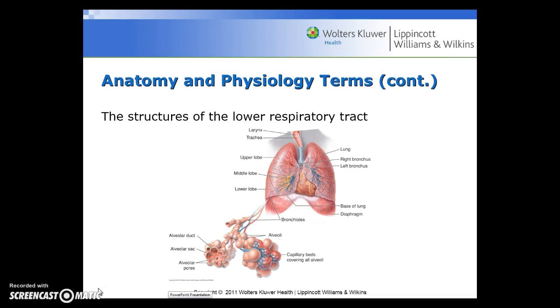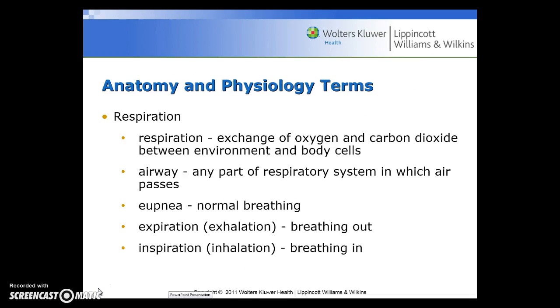The bronchioles are further expanded to show the alveolar duct, the alveolar sac, and the alveolar pores, including the capillary beds covering all alveoli, and then the alveoli themselves. On the right, we see the base of the lung and the diaphragm.